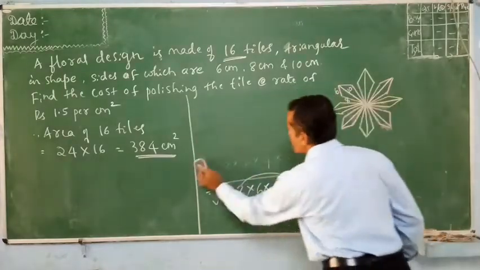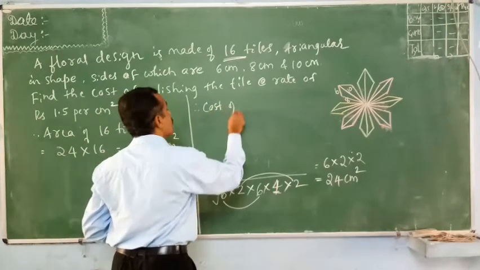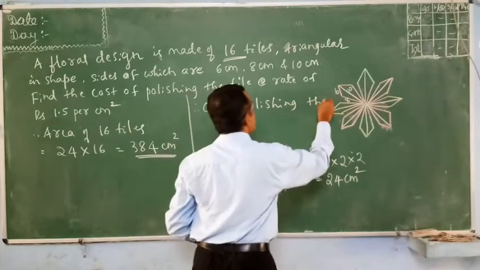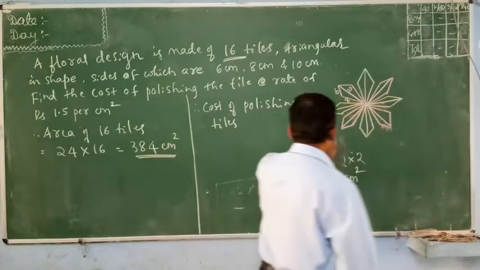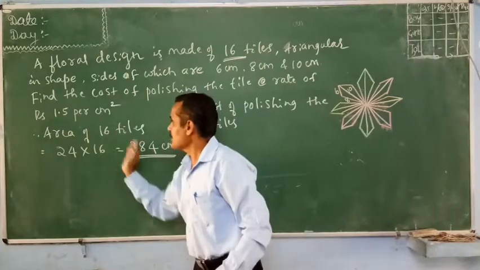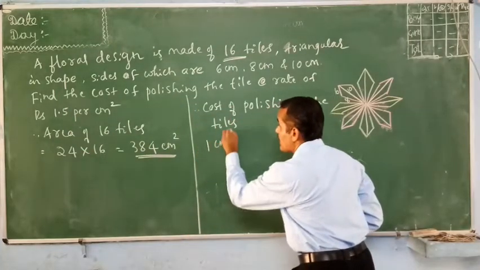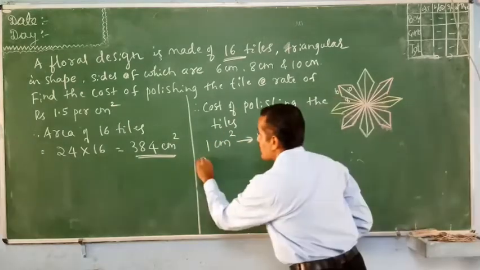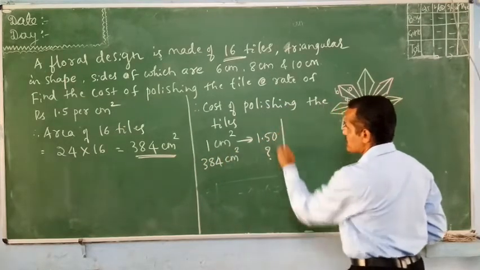Therefore, the cost of polishing. See, 1 centimeter square costs 1 rupee 50 paisa. Then 384 centimeter square, how much is the cost?